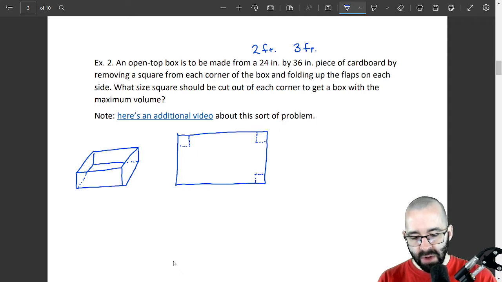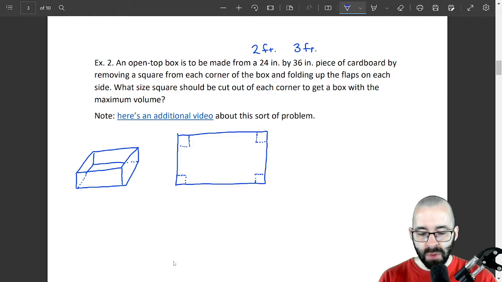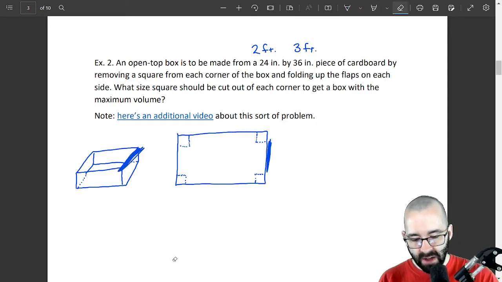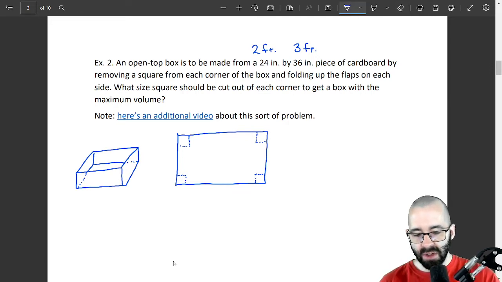Because look, if we remove a square from each corner, then we can just fold up the sides. Like we can fold up this side and that becomes here and so on. So that's what we're doing here.